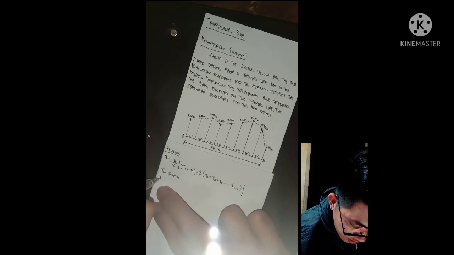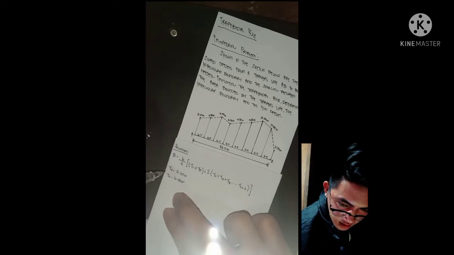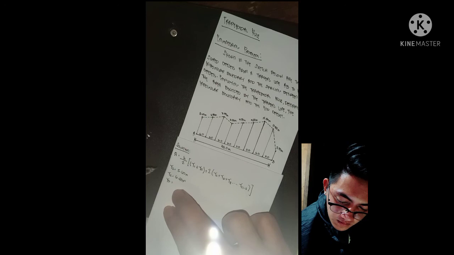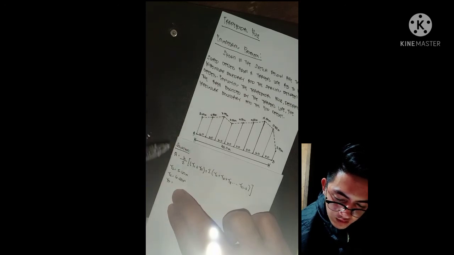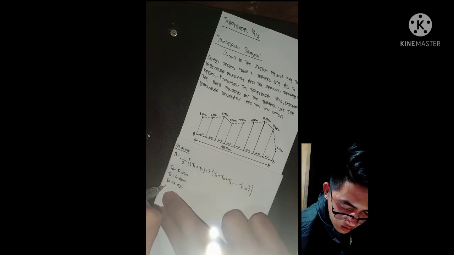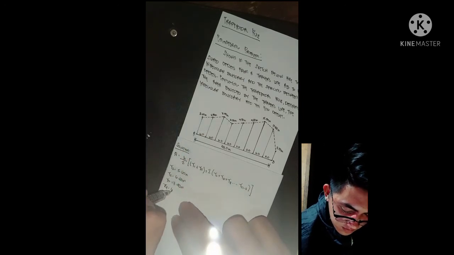For our y2, we have 6.40 meters. Our y3 is equal to 7.90 meters. Our y4 is equal to 6.20 meters.